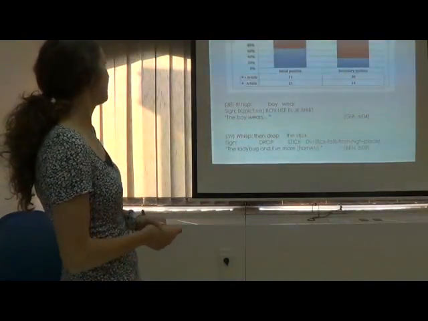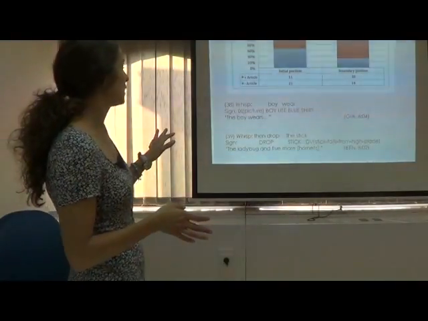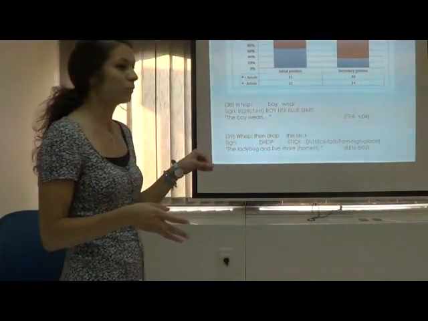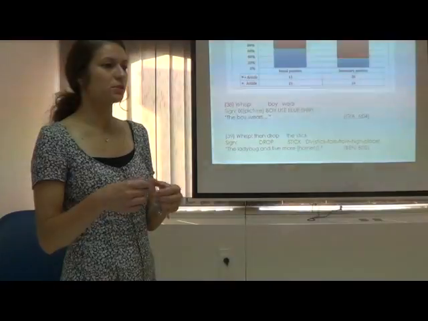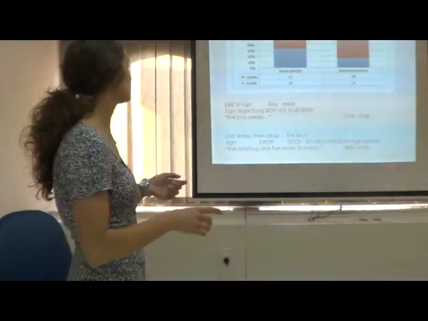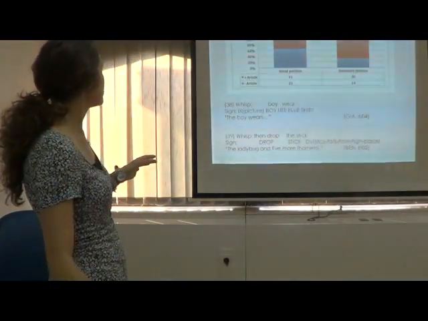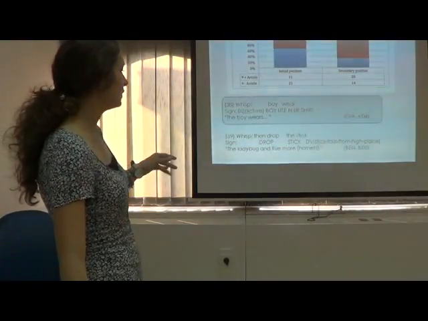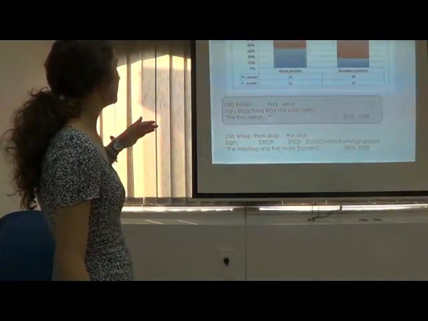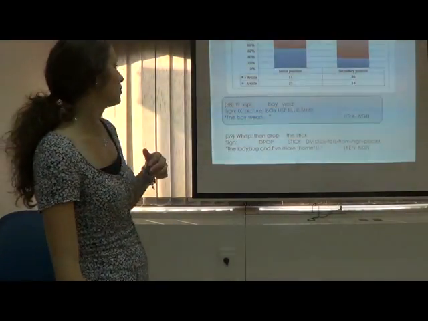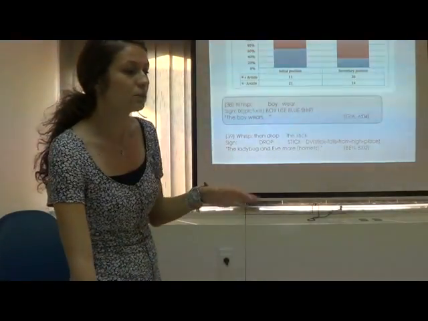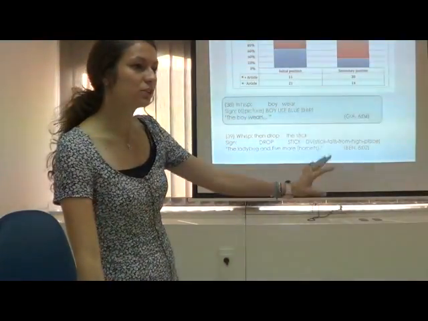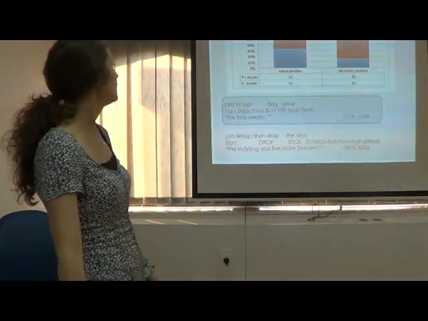I categorized them based on whether they were in the initial position or non-initial position, so the secondary or tertiary position, and the type of omission. Just some examples: Gia, she would say, 'boy, where?' She was supposed to describe the picture that she saw, so she omitted the article.